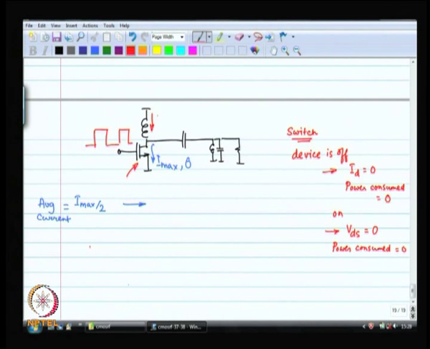So, the current through this is equal to I max by 2, assuming 50% duty cycle. It does not really matter what the duty cycle is. So, that basically means that the power consumed from the power supply is VDD times I max by 2.